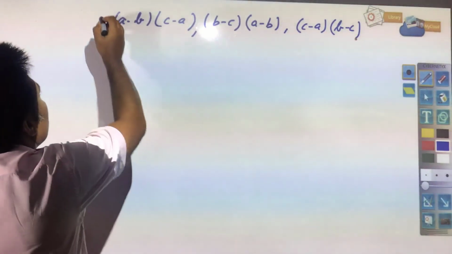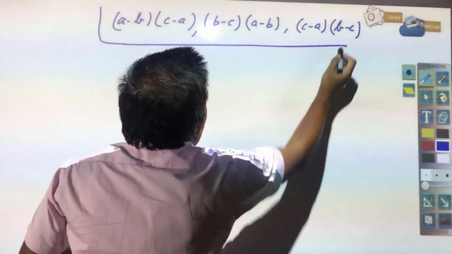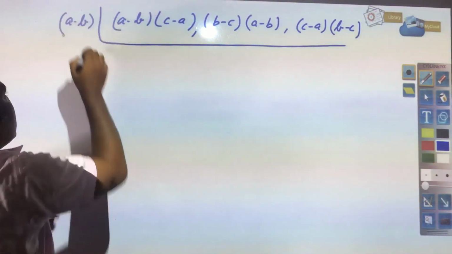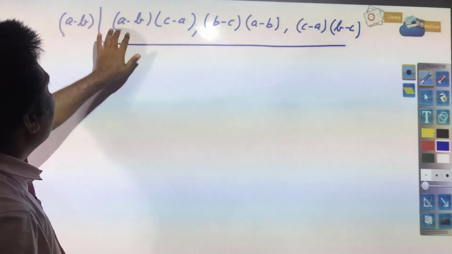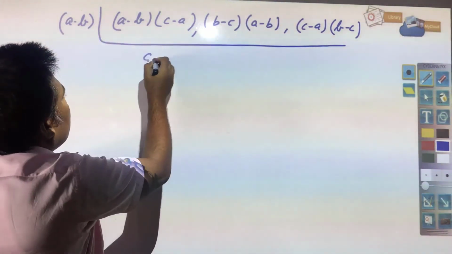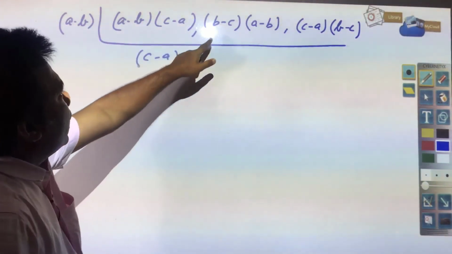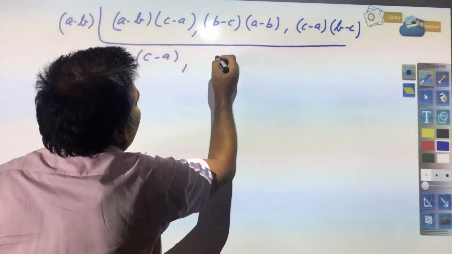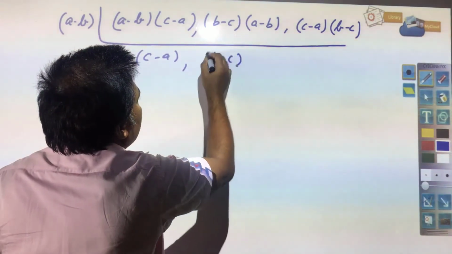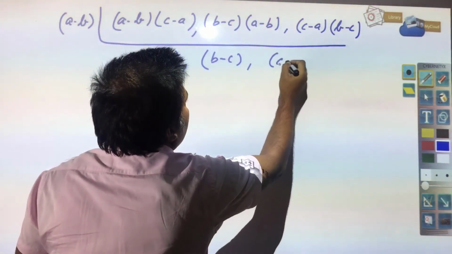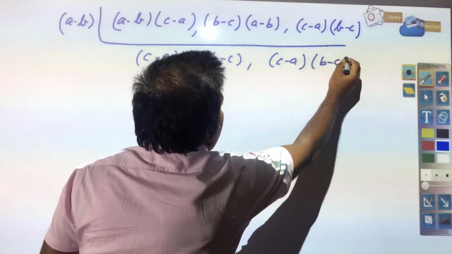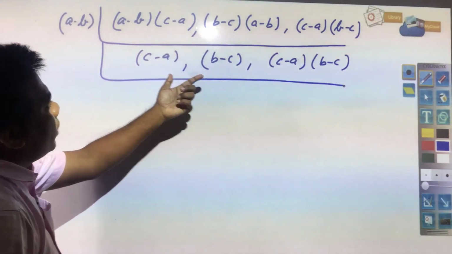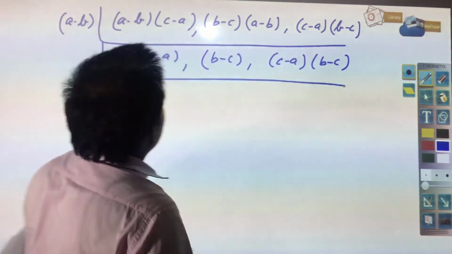As we find out the LCM, just you see, if you divide by a minus b, what you will get here? C minus a. Here, by a minus b if you divide, you will be left with b minus c, and here you will be left with c minus a and b minus c. Then here you have c minus a, b minus c, c minus a.